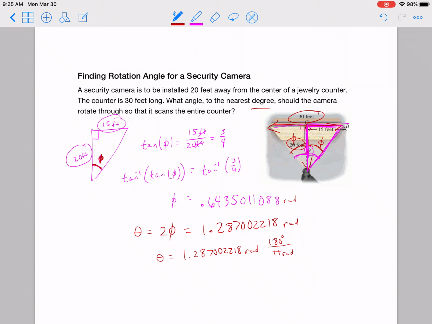If I divide it by pi and multiply it by 180, I get 73.7397 and so on, which rounds off to the nearest degree to be 74 degrees.